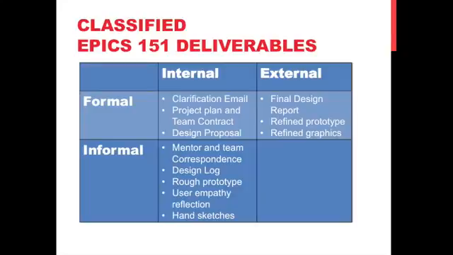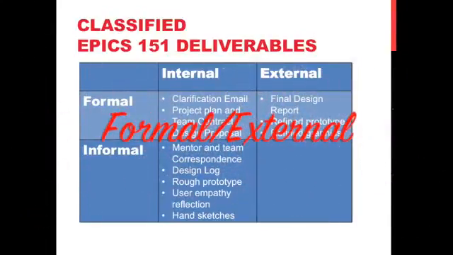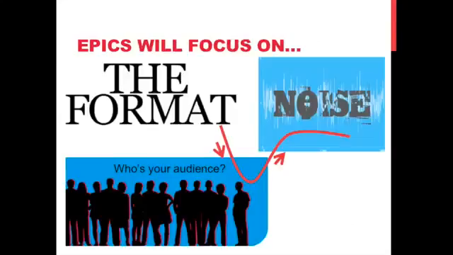The rough prototype comes in about three-quarters of the way through the semester, and then you'll have a final prototype that is a formal external deliverable. You have user empathy reflection and hand sketches that are definitely informal and internal. The other external formal pieces are the final design report and your refined graphics.